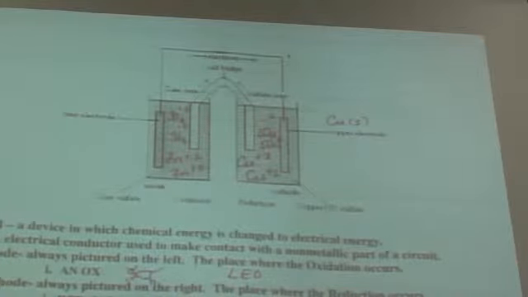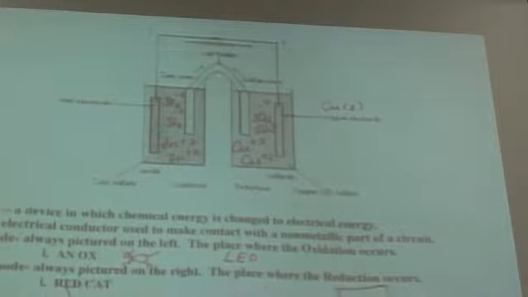The cathode is positive in a galvanic cell. Here's my personal favorite: fat cat. Electrons always flow from the anode to the cathode. Get it? From the anode to the cathode. The cathode, because it's a fat cat, gains mass.